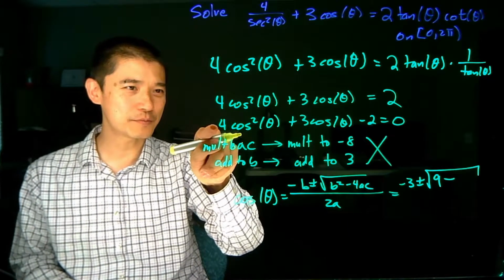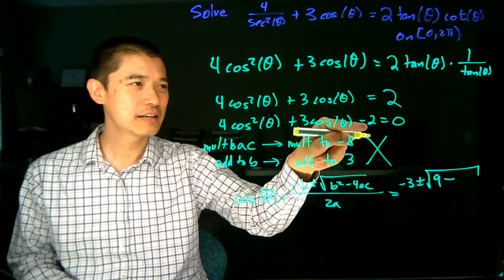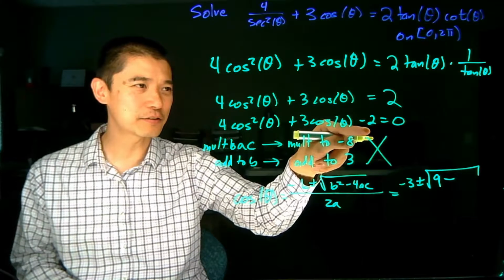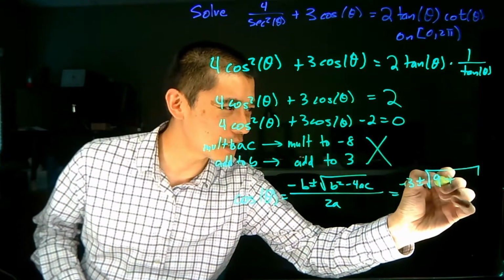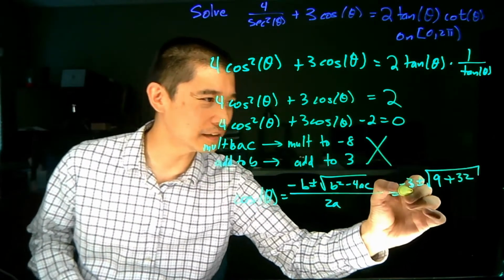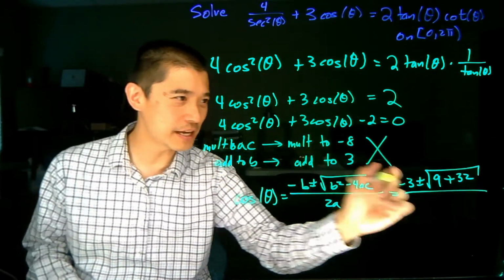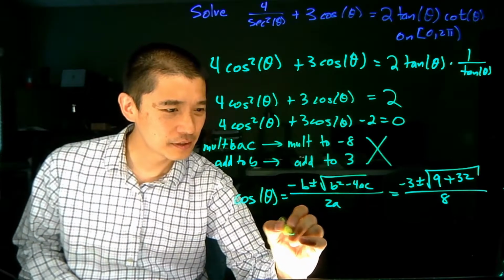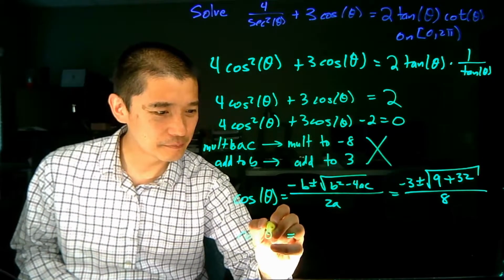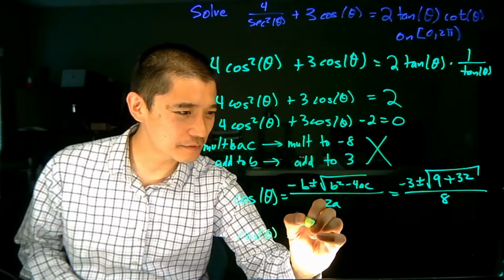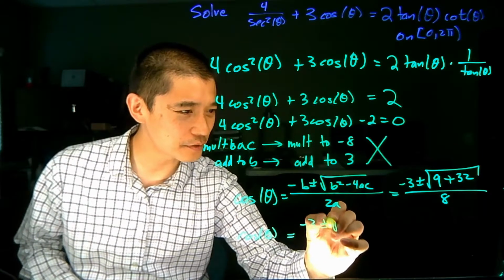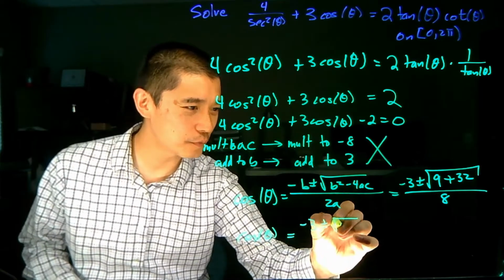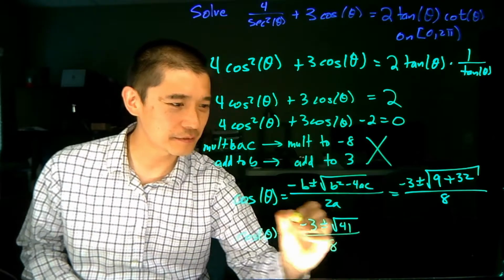So 4 times 4 is 16, times negative 2 is negative 32. So it'll be plus 32, right? Minus a negative, all over 2 times a, which is 8. So our cosine of theta is equal to negative 3 plus or minus the square root of 41 over 8.